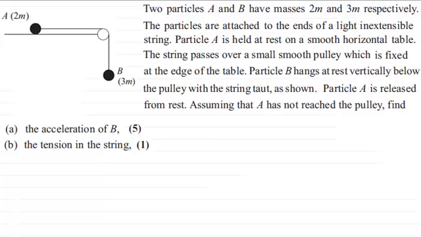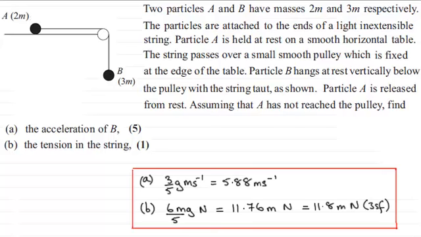Okay, welcome back if you had a go. As for the numerical answers, for part A, in terms of g, the acceleration due to gravity, it would be 3/5 g meters per second squared. If you take g to be 9.8, it turns out to be 5.88 meters per second squared. For part B, the exact answer is 6mg over 5 newtons.